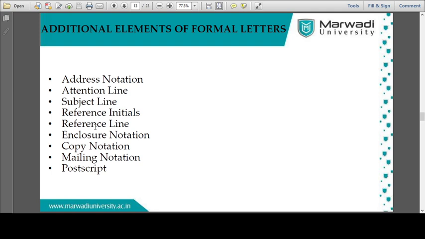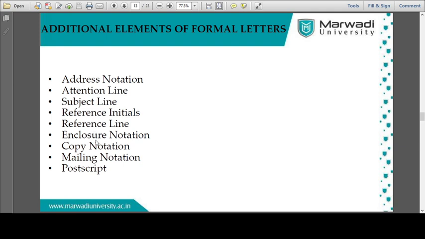But in a letter, if some companies require this kind of option, then you have to write CC and the name of the person, then PC, meaning photocopy. It shows this letter has been sent to another person. The name of the person to whom you have sent the same copy should be there.